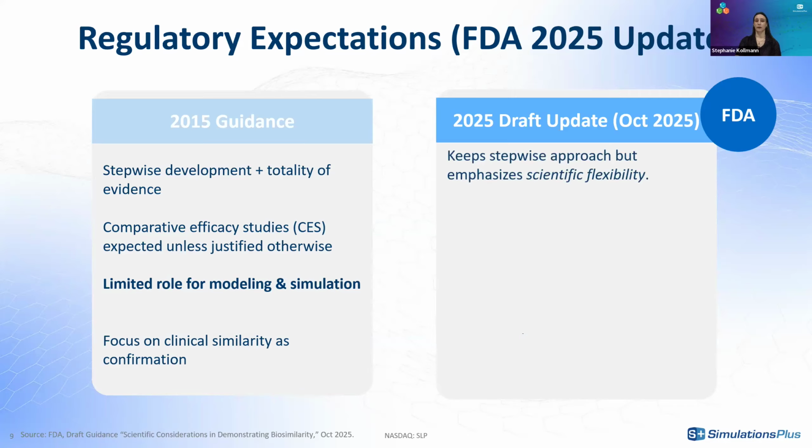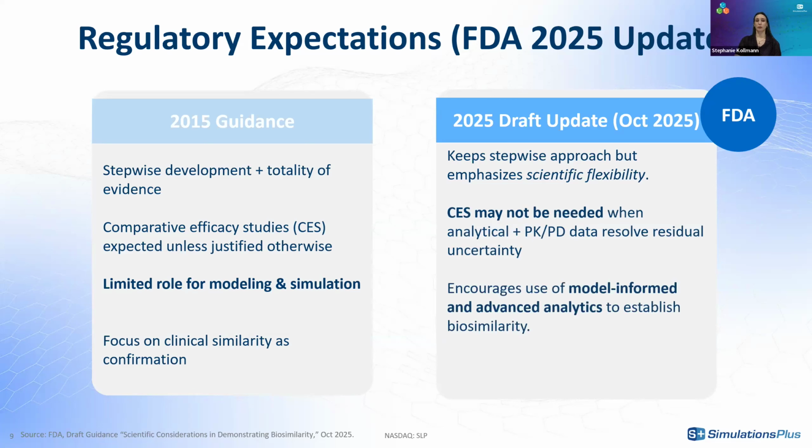The 2025 draft update keeps the stepwise approach, but introduces greater scientific flexibility. Now, comparative efficacy studies may not be needed when strong analytical and PK/PD data already resolve residual uncertainty.